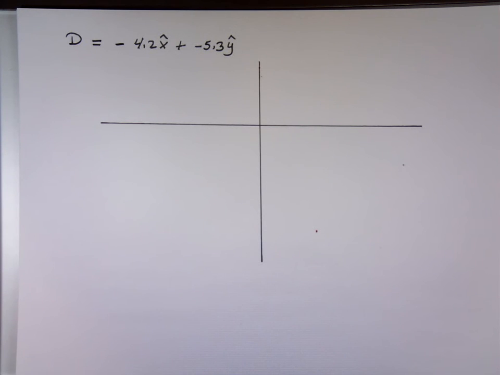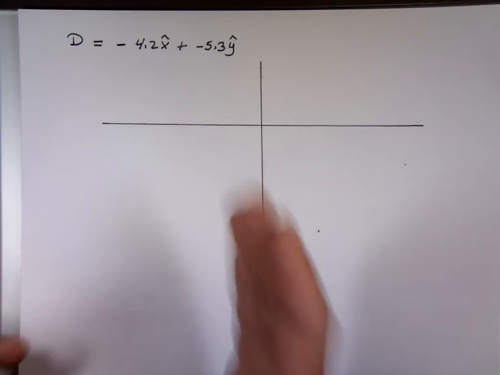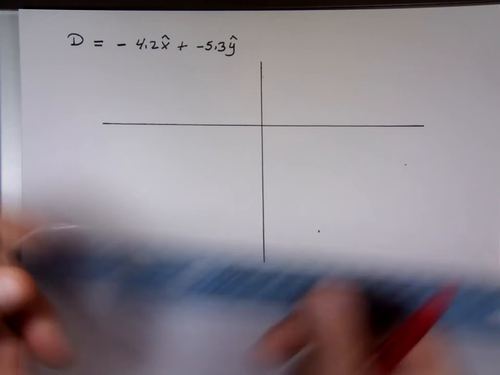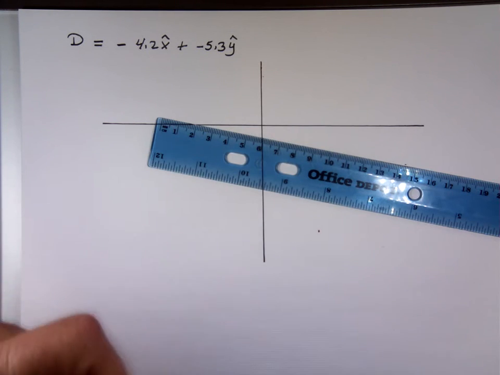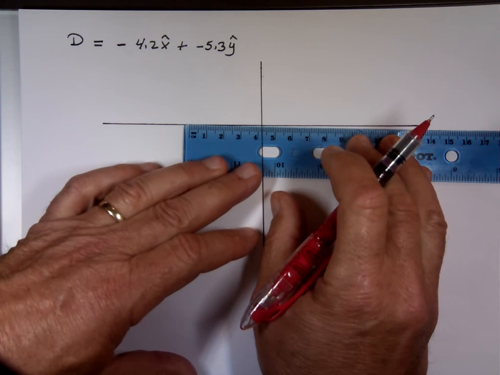I'm not sure why I have even the right side because you're in the third quadrant. I could have just zoomed in on that one, but that's okay. Let's see. The x is negative 4.2. Let me mark negative 4.2, somewhere there, I think.